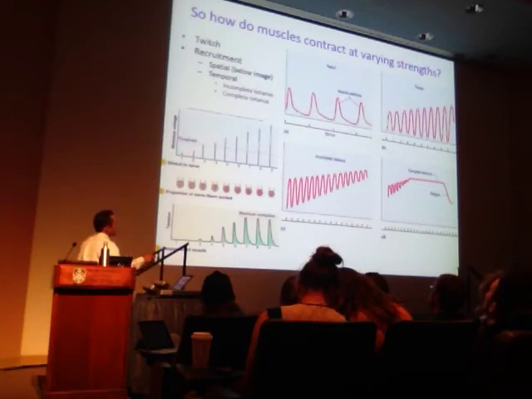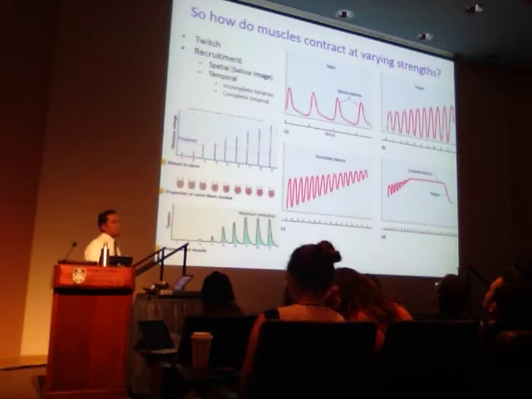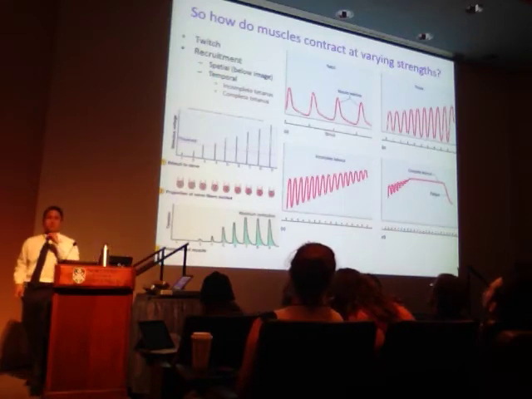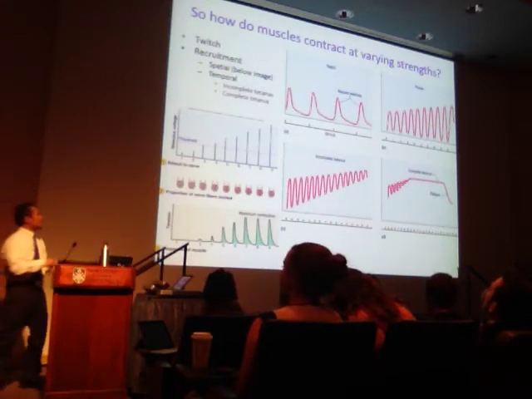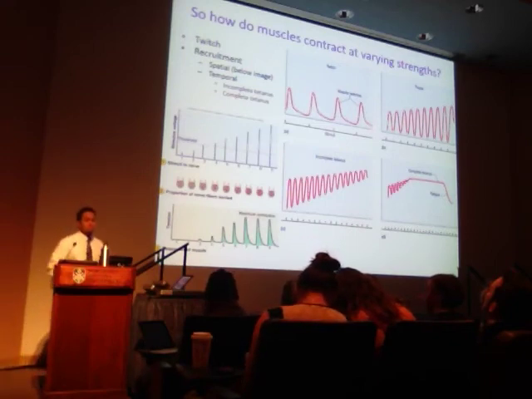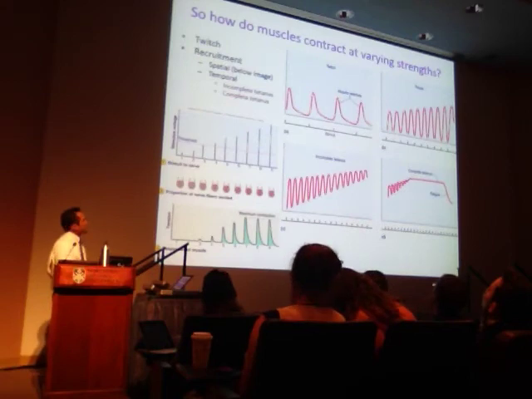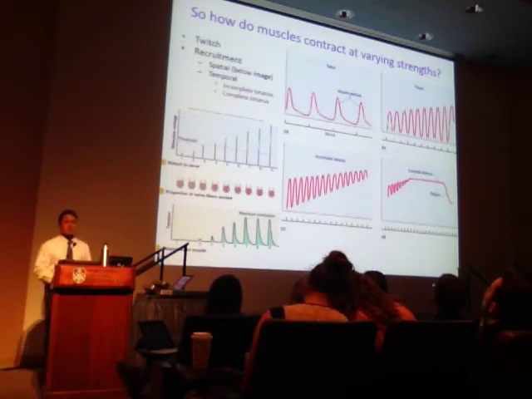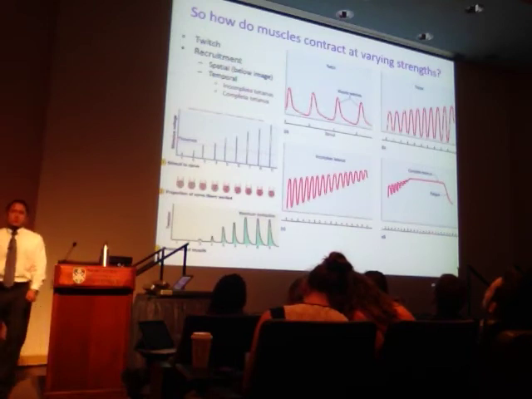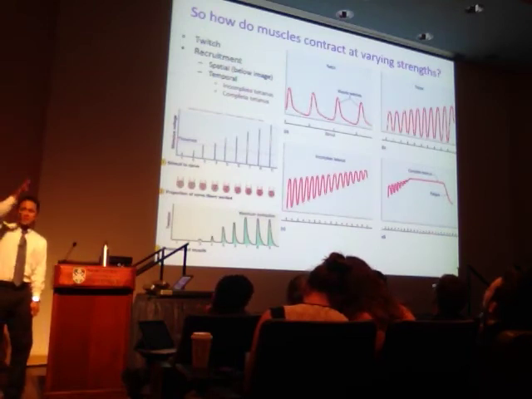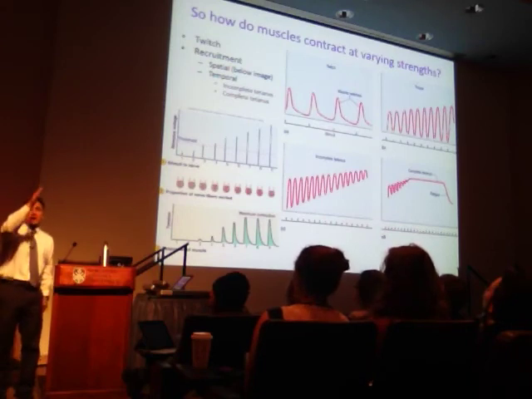So for example, if you compare this twitch on the upper left to the treppe response on the upper right. Treppe is a word that means staircase, a staircase phenomenon. So you can see the graph kind of climbs a stair. What happens is, you fire a twitch, it comes down to rest, and you fire it quickly right afterwards.